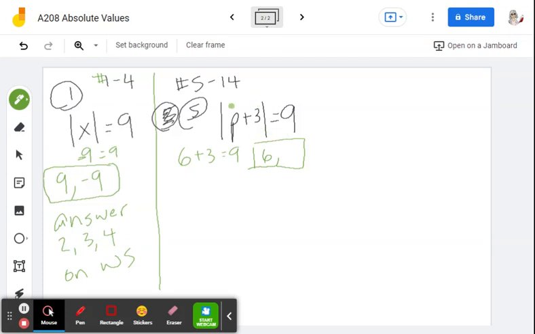And then I have to think of what would make this negative 9. Well, a big negative number, if I add 3, will make it a negative 9. So what you need to think of is what's 9 plus 3. If I had negative 12 plus 3, that is a negative 9. So my answers are 6 and negative 12.